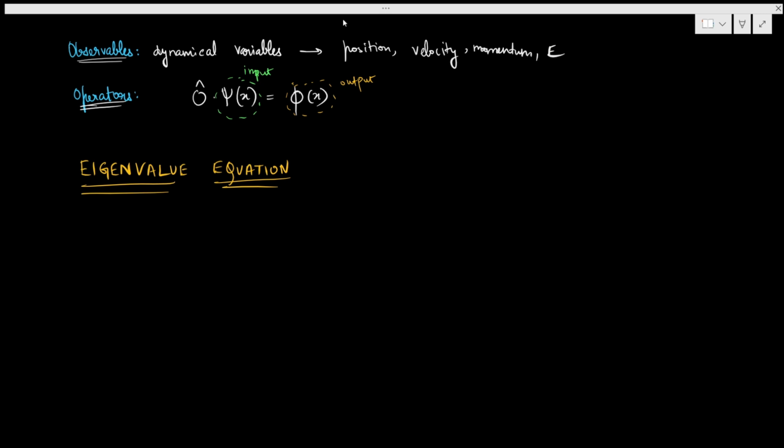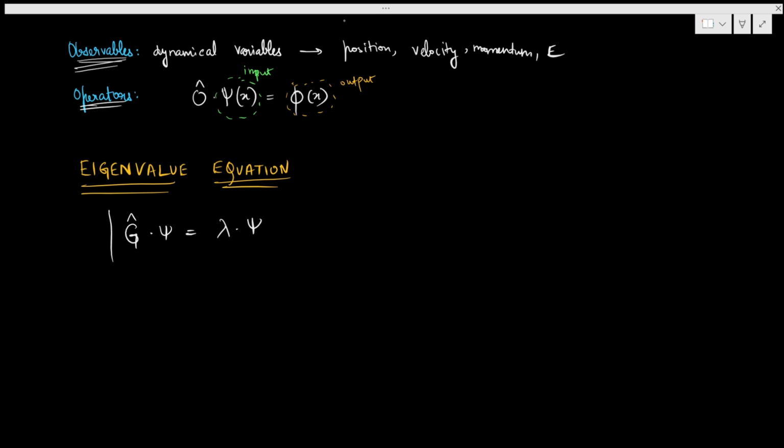One thing I should mention here: every observable has some sort of operator associated with it. We'll see why that's important in just a second after we look at the eigenvalue equation. The eigenvalue equation in general is some G cap acting on some psi, giving us some lambda times psi.